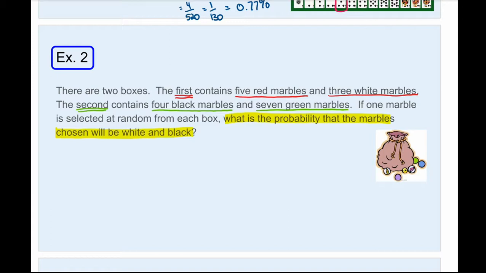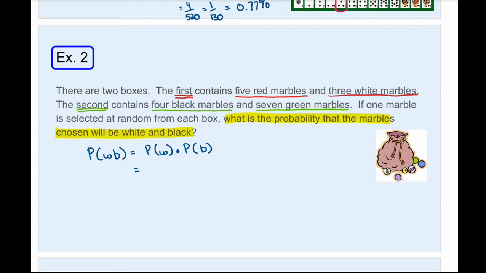Me picking 1 marble from one box does not change the probability of what I could get in the second box. They're 2 separate boxes, so they're independent events. So the probability of choosing a white marble and a black marble is going to equal the probability of choosing a white marble in the first box multiplied by the probability of choosing a black marble in the second box.